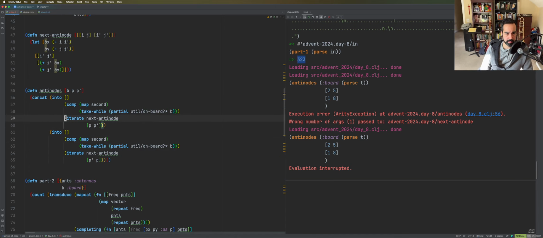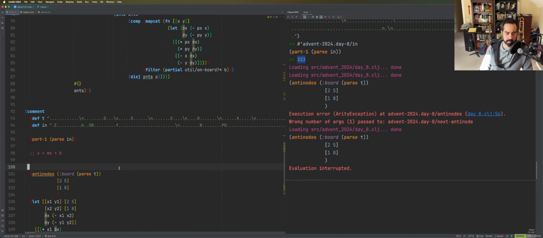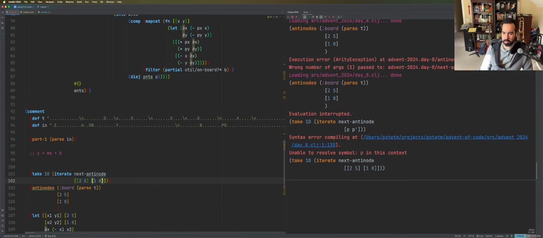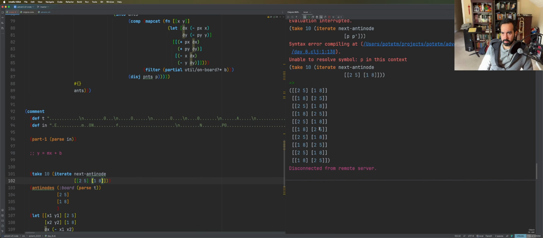Okay, let's do this. 2, 5, 1, 8. That took a surprising amount of time. Disconnected from remote server.